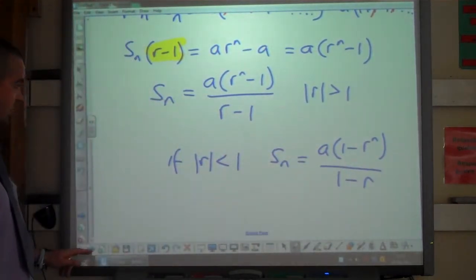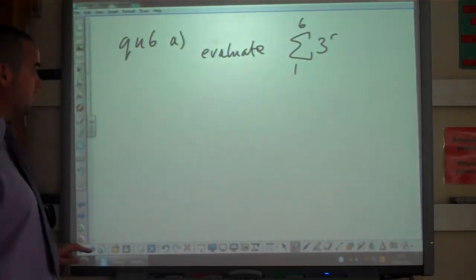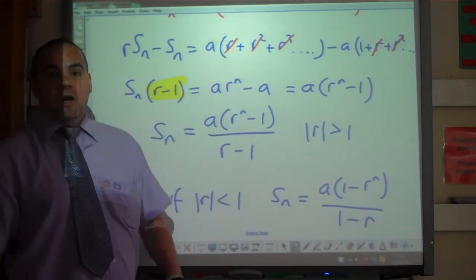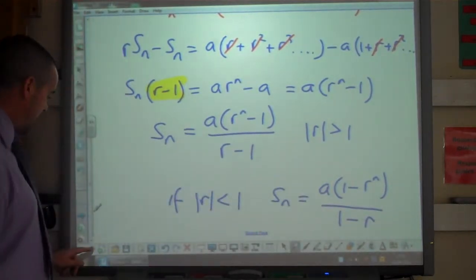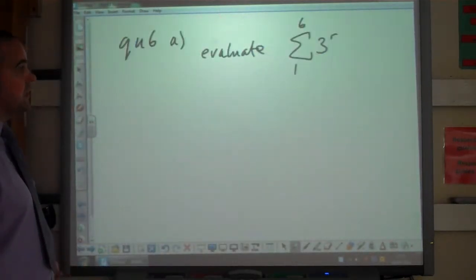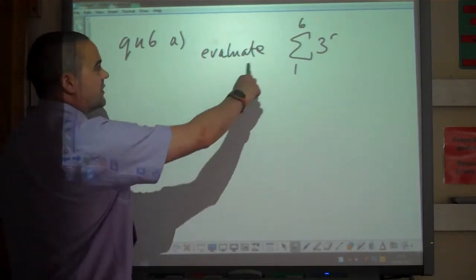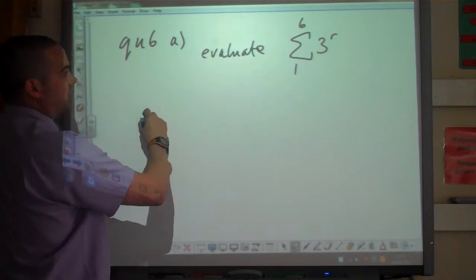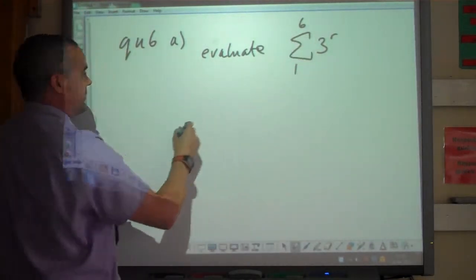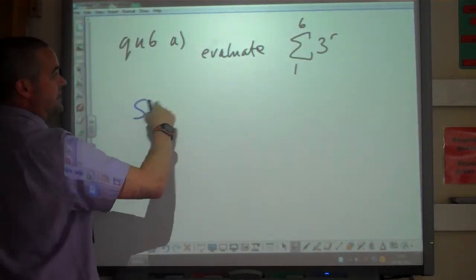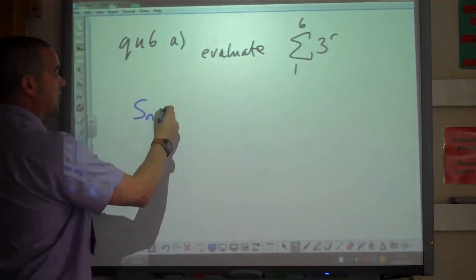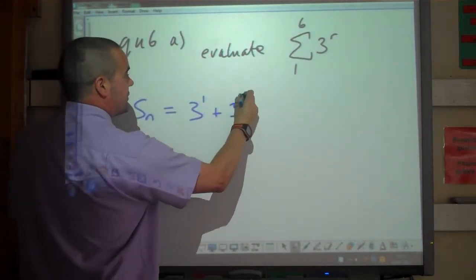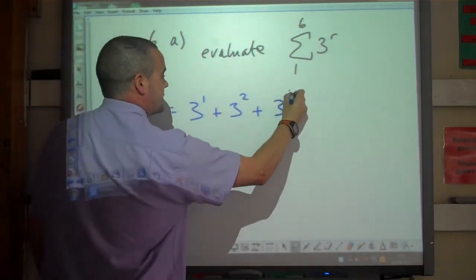Now I've got a couple of questions that we're going to go through using this formula and what we did in the first video. So here, evaluate this. R goes from 1, 2, 3, so Sn, which is the sum of the numbers, is equal to 3 to the 1 plus 3 to the 2 plus 3 to the 3.